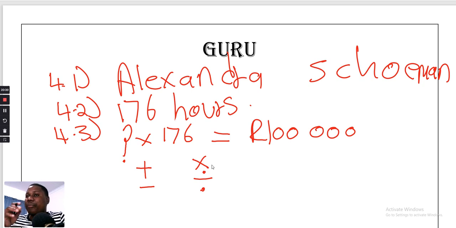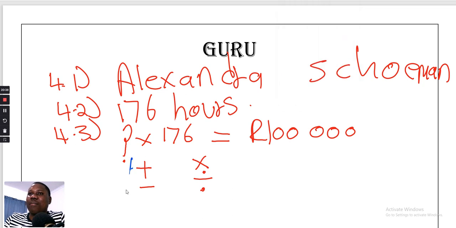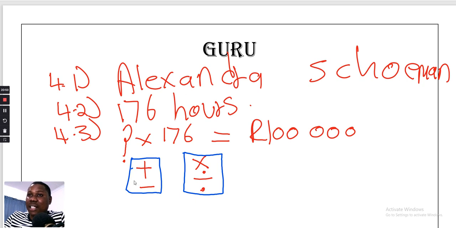Now the reason why I wrote them like this, if you check, I just wrote plus and I wrote minus. So they go like this. These are twins. So plus, the opposite of plus is minus. All right. So multiplication, the opposite is division.